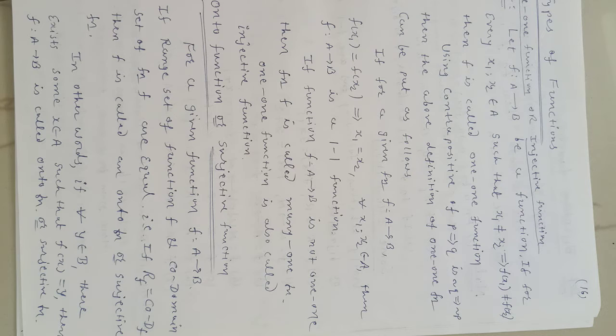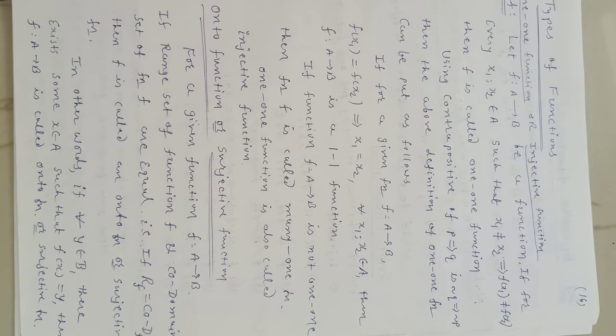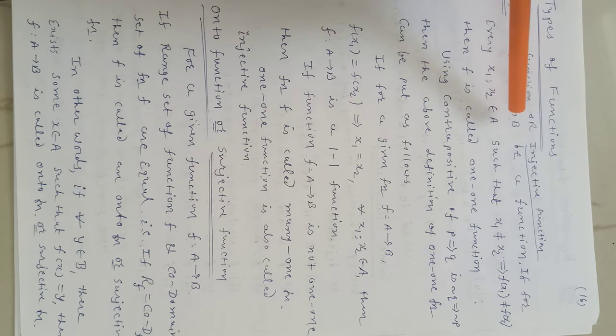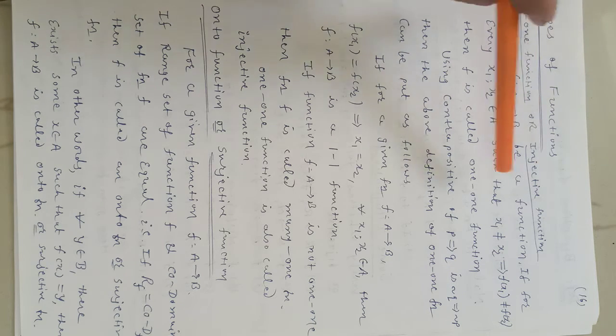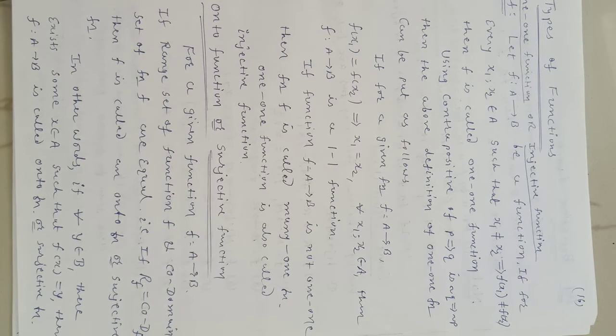So we assume f from A to B is a function, and now we put a condition for one-one: if for all x1, x2 present in set A, whenever x1 not equal to x2, the images f(x1) also not equal to f(x2), then it is called a one-one function, or we call it an injective function.